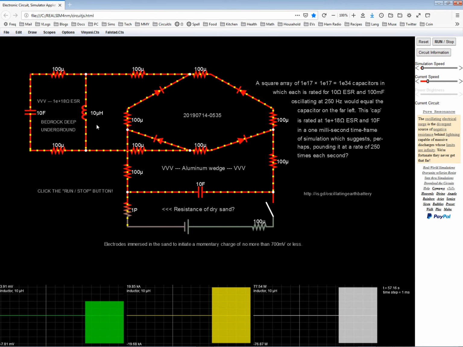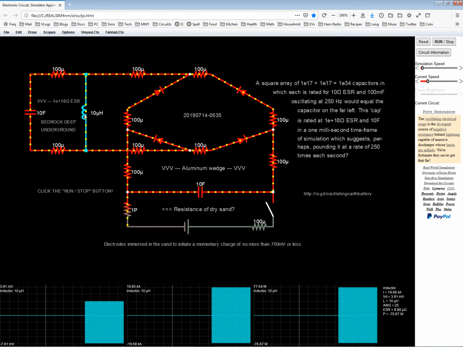I picked a random number off the top of my head as a ballpark figure for an average wire size of a magnetic coil wire, enameled magnetic wire. Based on that choice and the level of inductance, that will determine the resistance. The resistance of this coil is roughly 10 microohms, a little less, 9.88 microohms, because of the wire gauge and the inductance. So this is a realistic coil.